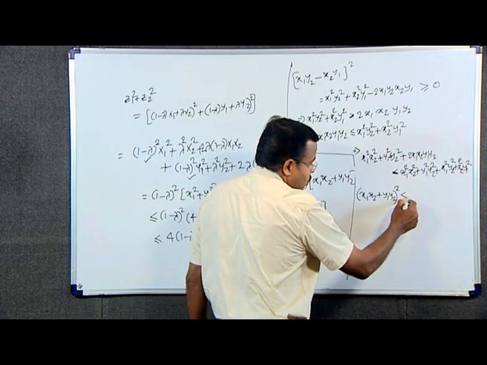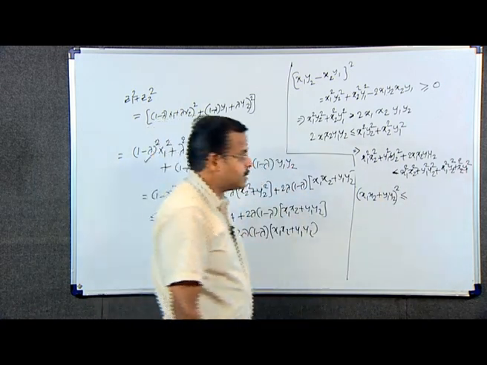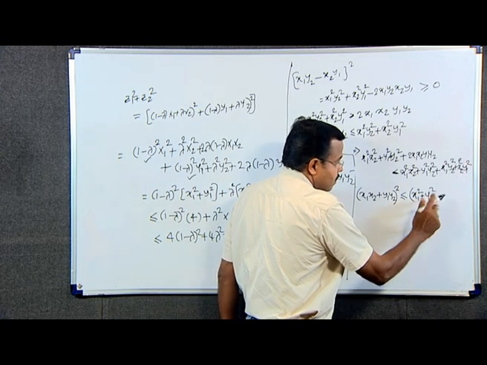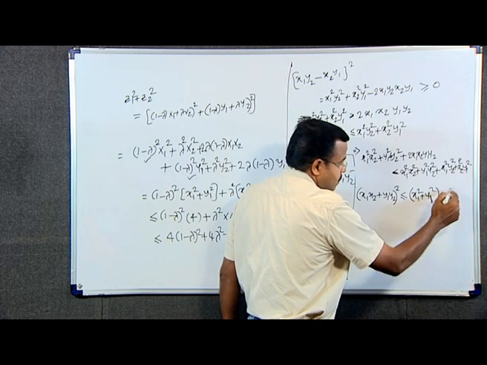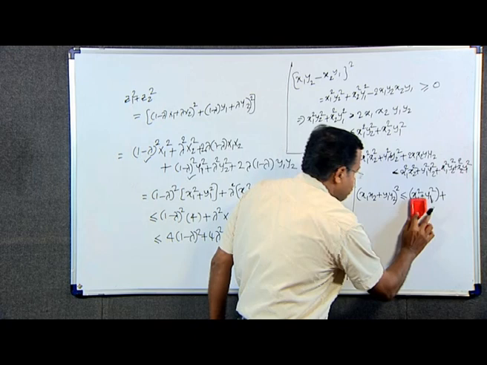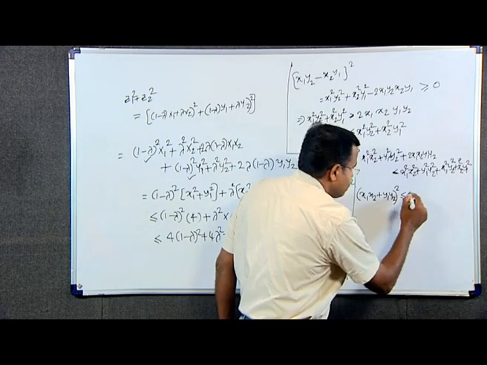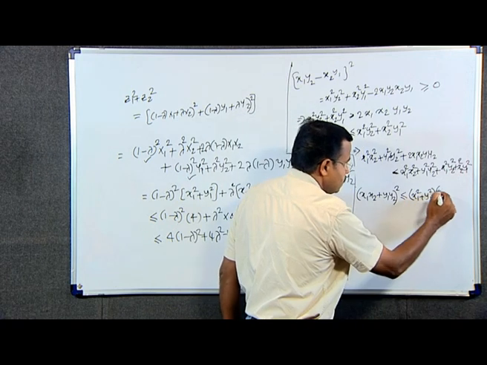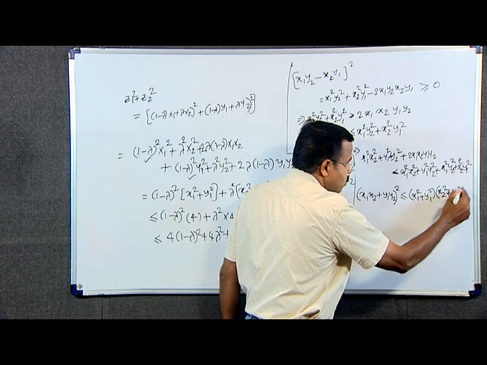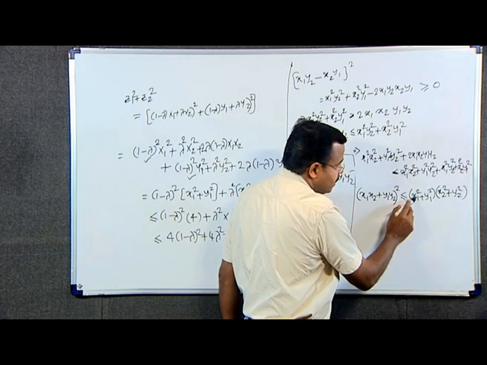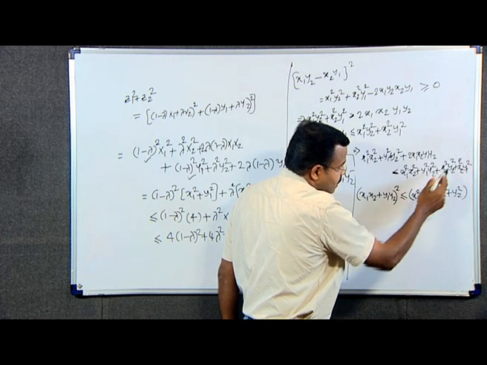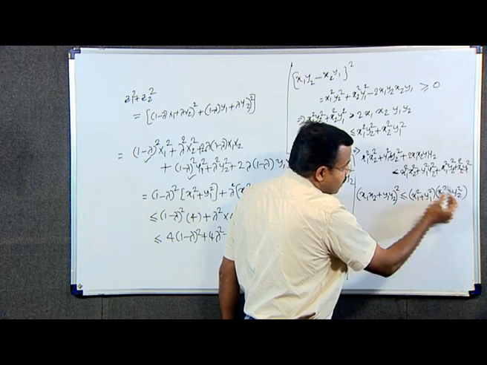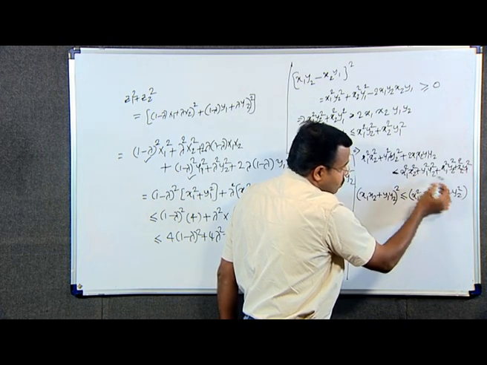that is less than or equal to, now the next side can be written as x1 square plus y1 square into x2 square plus y2 square, that is x1 square x2 square, x1 square y2 square, y1 square x2 square, and y1 square y2 square, each term is there.